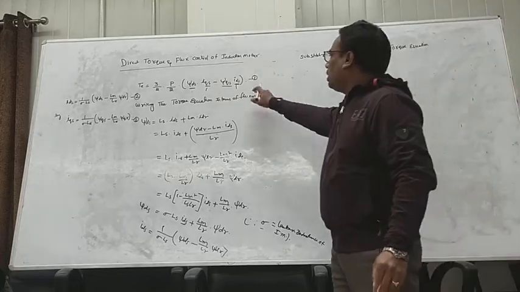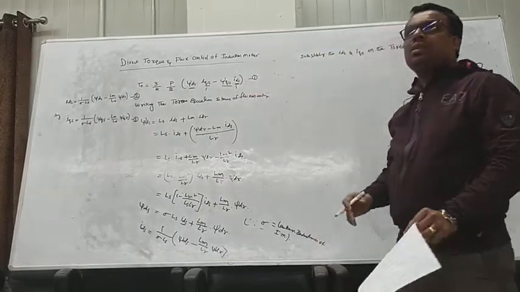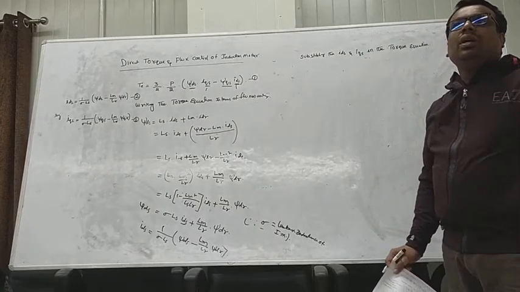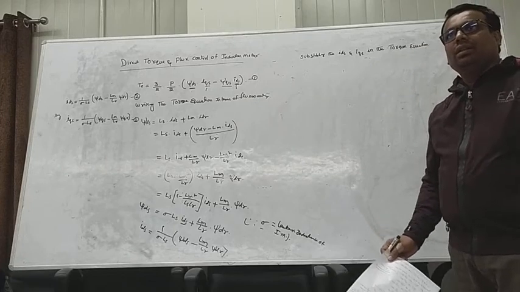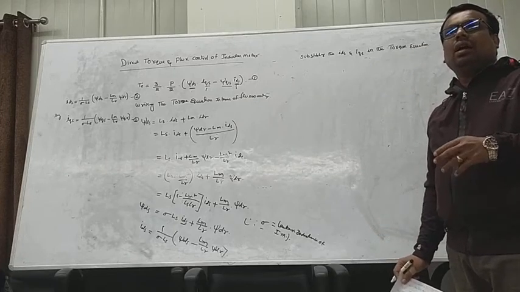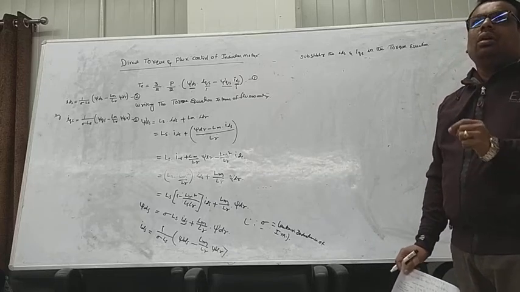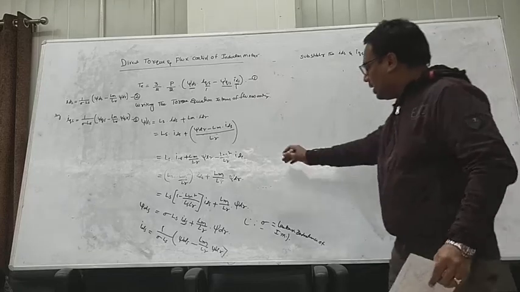In that equation, the flux components are there and the current components are there. So now I need to replace the currents and write the entire equation in terms of the fluxes. So I need to replace the IDS value and IQS value, and I am doing the calculation for that.